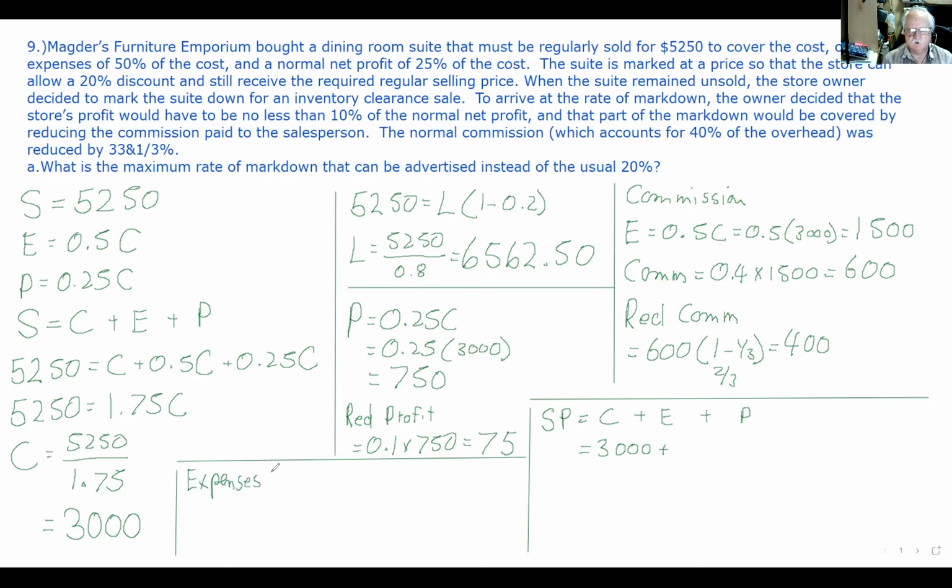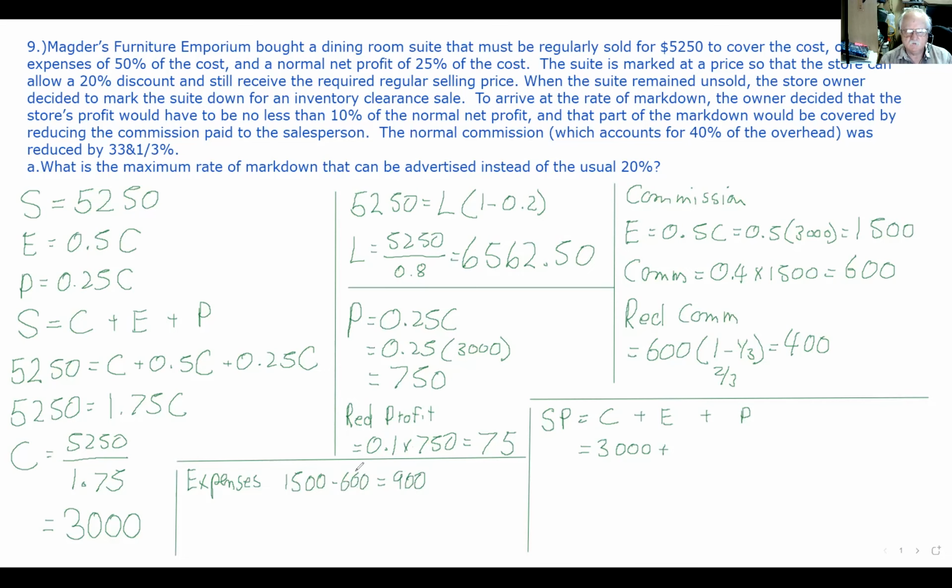Expenses. What do we know here? We know they were 1,500, but of that 1,500, 600 was the commission. So 1500 minus 600 equals 900. So the 900 is all the other expenses other than the salespeople's commission.